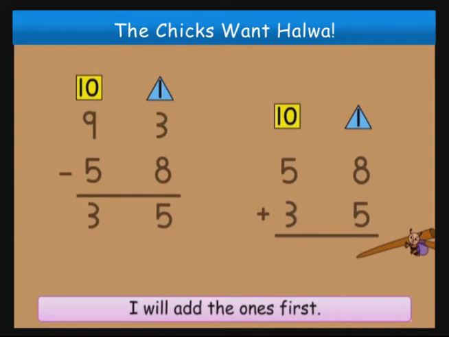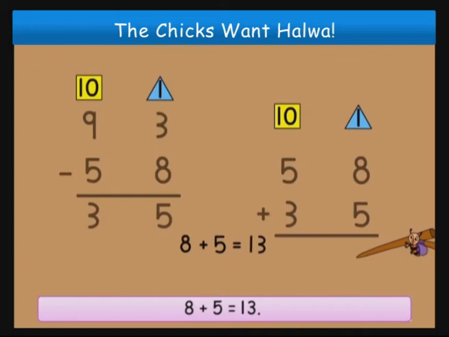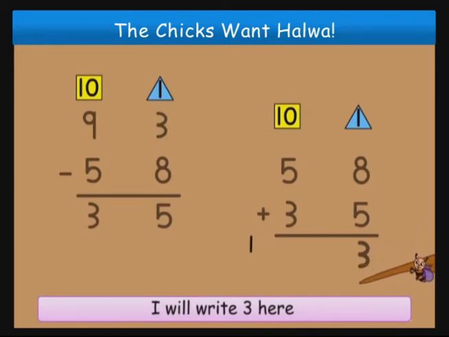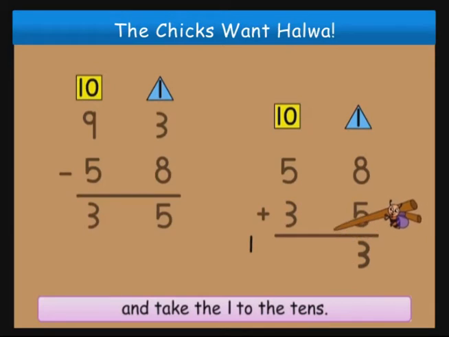I will add the ones first. 8 plus 5 equal to 13. I will write 3 here and take the 1 to the tens.